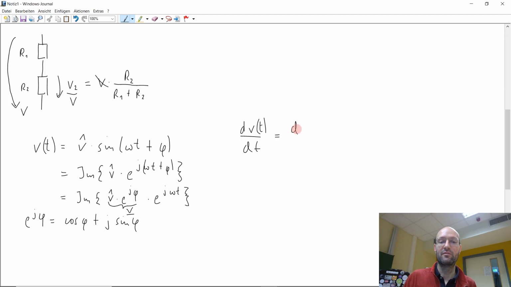It's the time derivative of the imaginary part of the amplitude multiplied with e to j phi and this exponential function.